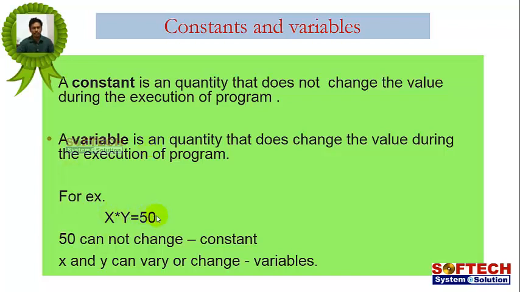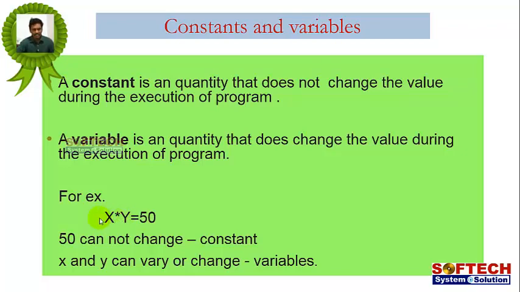Example, x star y equal to 50. The 50 is a constant because 50 cannot change. The 50 is always 50. X and y can vary because x may be 25 and y is 2, 25 into 2, 50. Or x is 50 and y may be 1.